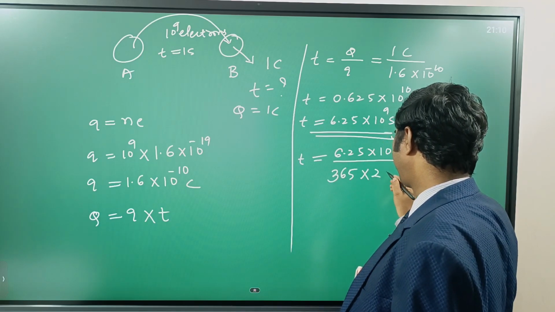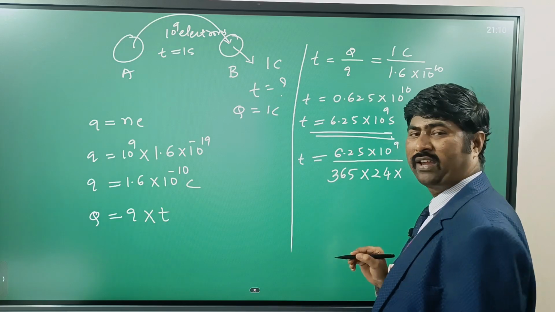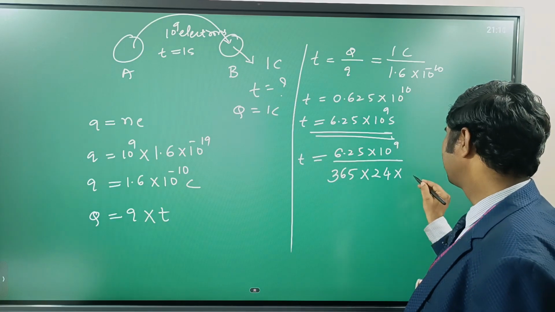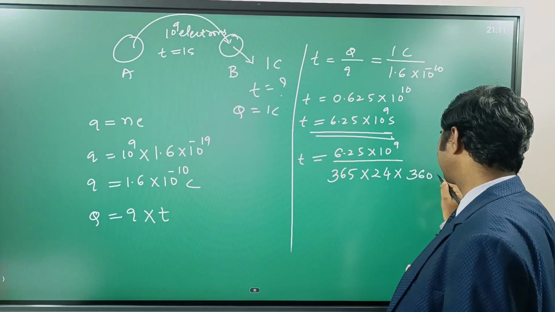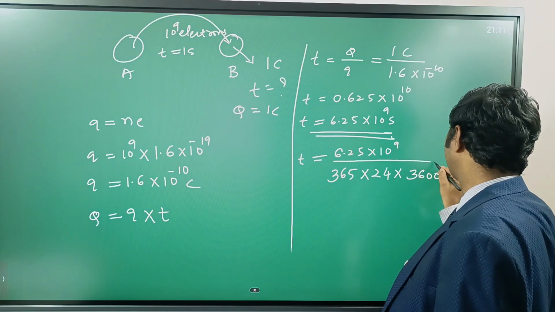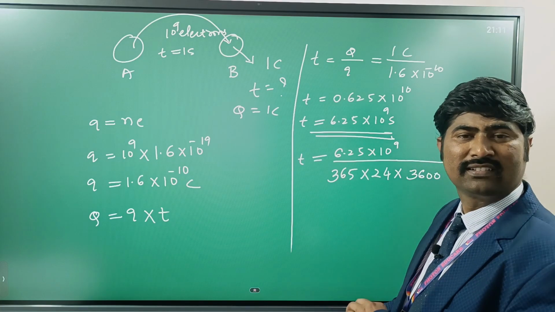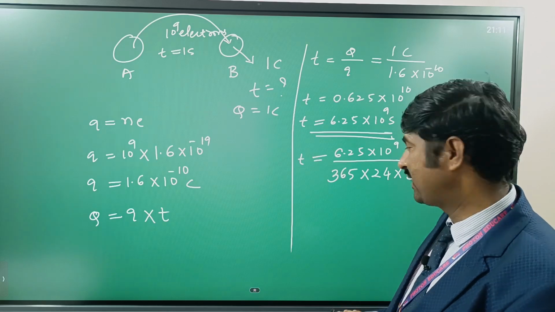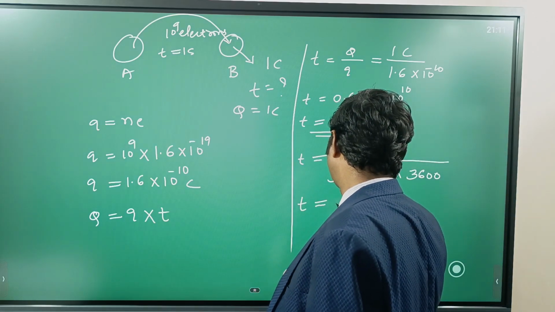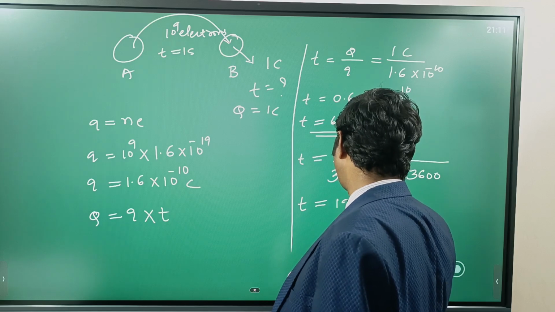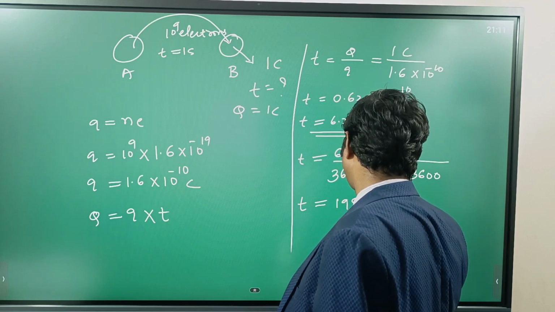In 1 day, 24 hours. In 1 hour how many seconds? 60 into 60, 3600 seconds. On simplification you will get 198 years. Oh my god.